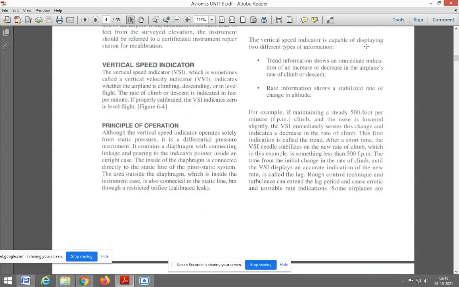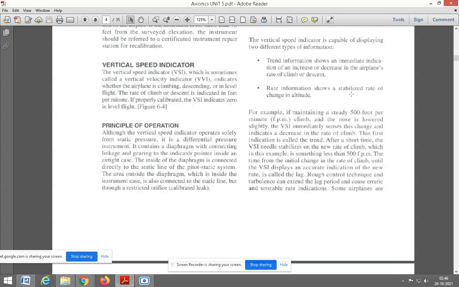The vertical speed indicator is capable of displaying two different types of information. The first is trend information, which shows an immediate indication of an increase or decrease in the airplane's rate of climb or descent. So the increase and decrease of climbing or descending will be shown in your vertical speed indicator.